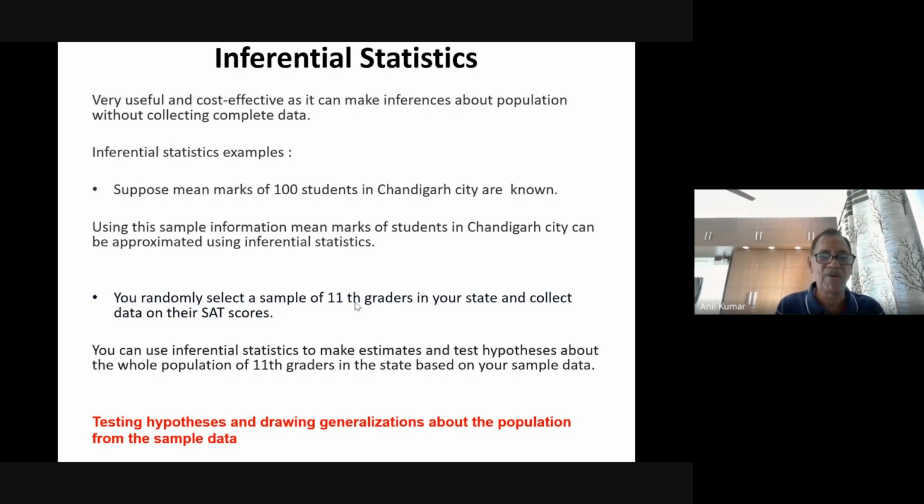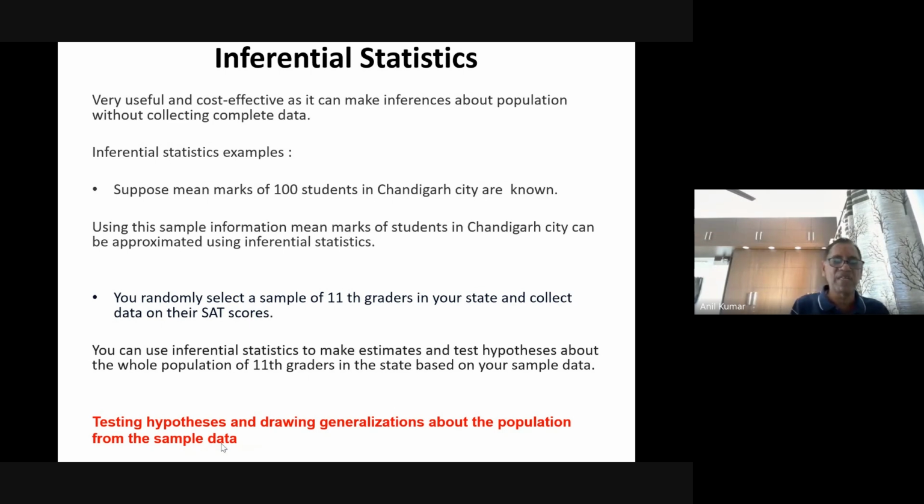This is the power of inferential statistics, that by having data collection of SAT scores of 11th graders on a small sample, we can estimate the total population of students who appeared in that examination.